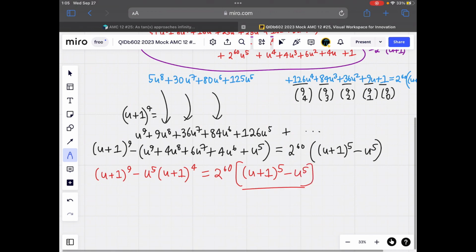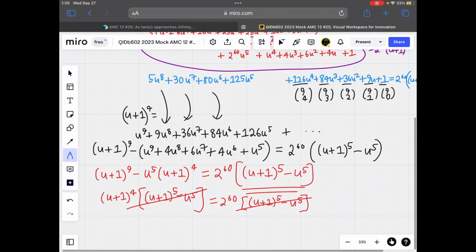But we can also factor this out of the left side. We know that this is equal to (u + 1)^4 times ((u + 1)^5 minus u^5), equal to 2^60 times that stuff. So we can cancel out this (u + 1)^5 minus u^5.